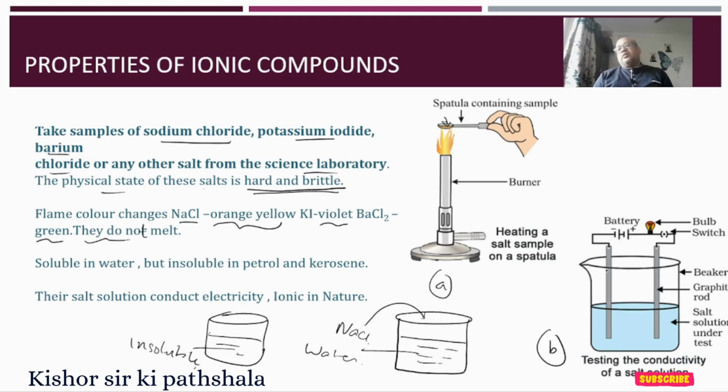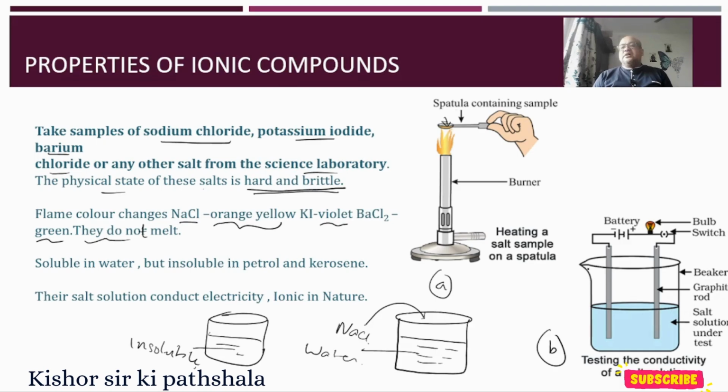Okay, now let's talk about whether these salts conduct electricity or not. So what we are doing, we are taking the salt, putting water into it and preparing a salt solution. So let us test the conductivity of this salt solution. We have an electric cell here.